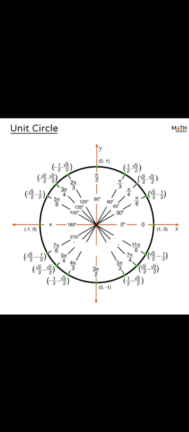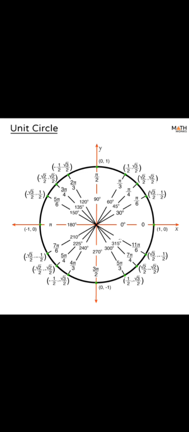5 pi over 4, 180 divided by 4 is 45 times 5 is 225. 4 pi over 3, 4 times this value, pi over 3, 4 times 60 is 240. 3 pi over 2 is 3 times pi over 2, or 3 times 90, so that's 270. 5 pi over 3, it's 5 times pi over 3, which is 5 times 60, so that's 300. 7 pi over 4 is 7 times 45 is 315.